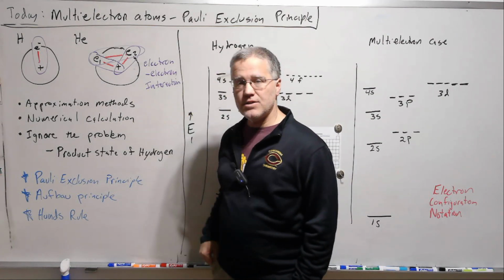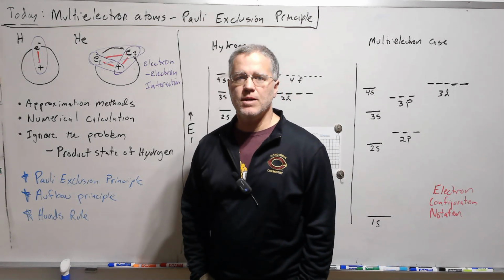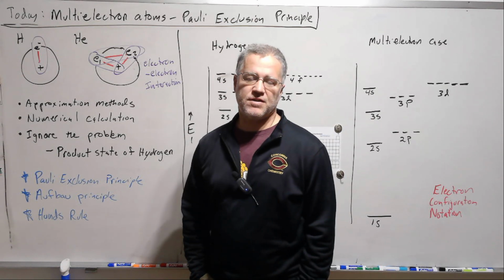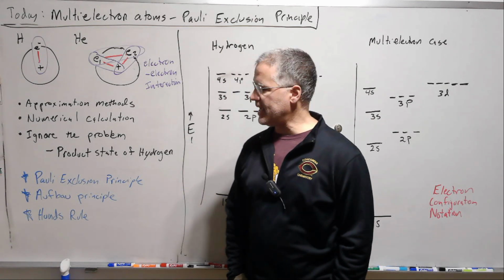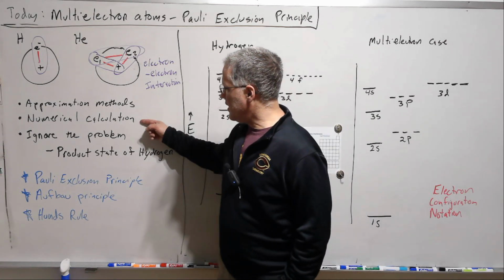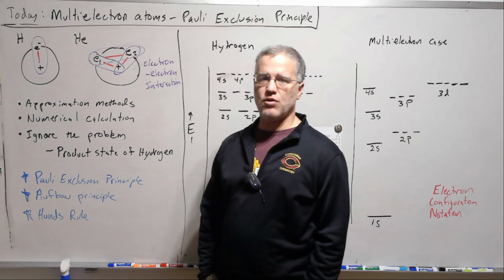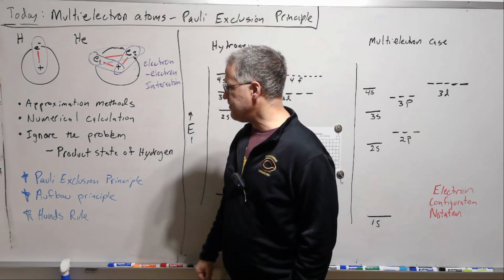We can do a numerical calculation. And so if you mount the equations of quantum mechanics onto a computer and you have enough computing power, you can calculate as accurately as you would like. So we can get very accurate calculations for multi-electron atoms to compare with experiment.